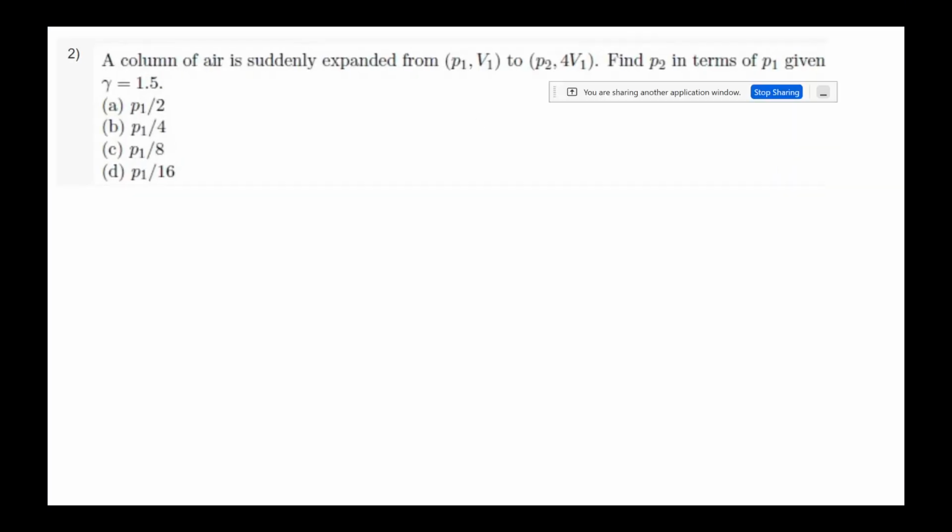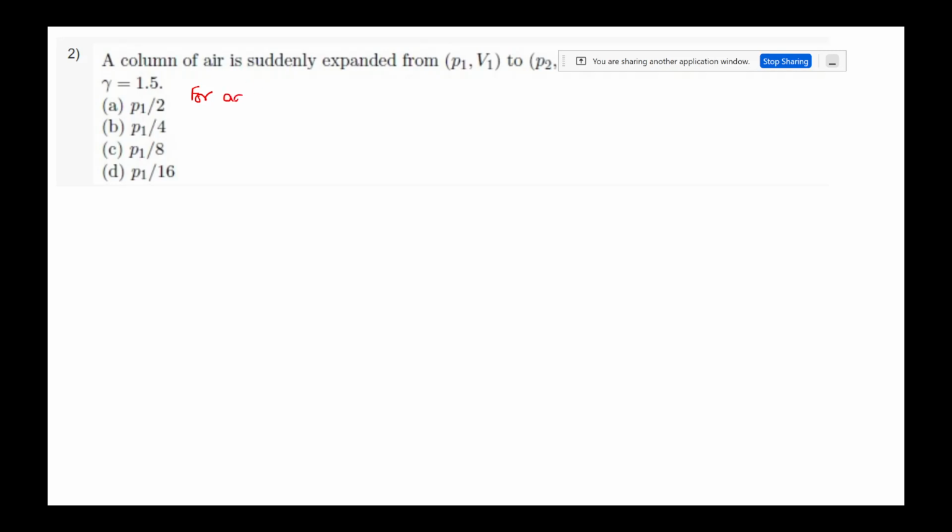Okay, as we have learned in the previous class, for an adiabatic process, PV to the power gamma is constant.